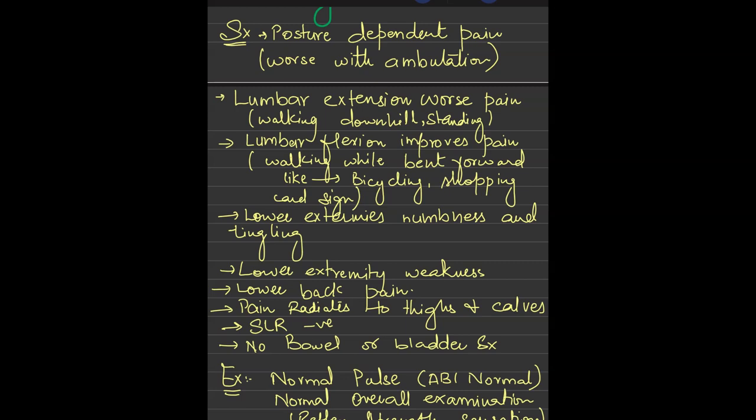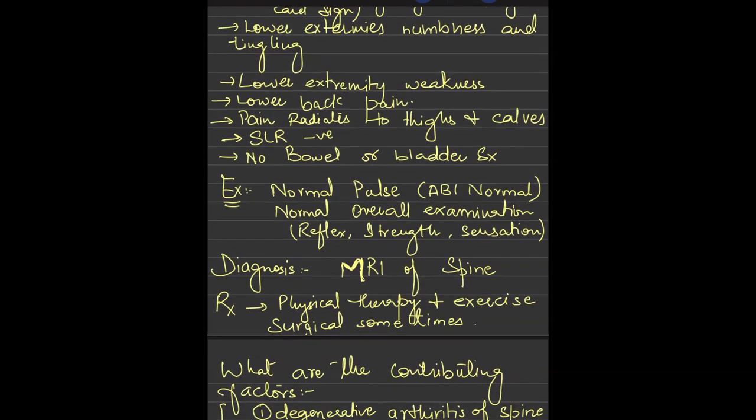This is stenosis of the spine. No bowel or bladder symptoms will be present here. The only differences are that they have numbness and weakness, they might have radiating pain, but their straight leg raise test is negative, and when they bend forward, they have improvement in their pain.